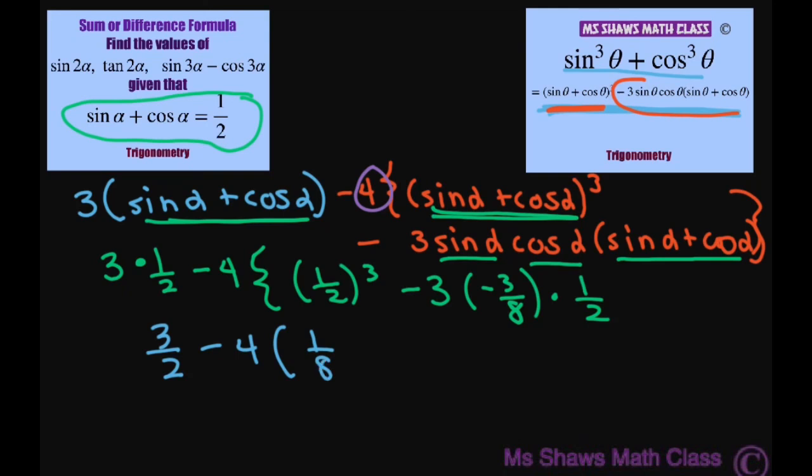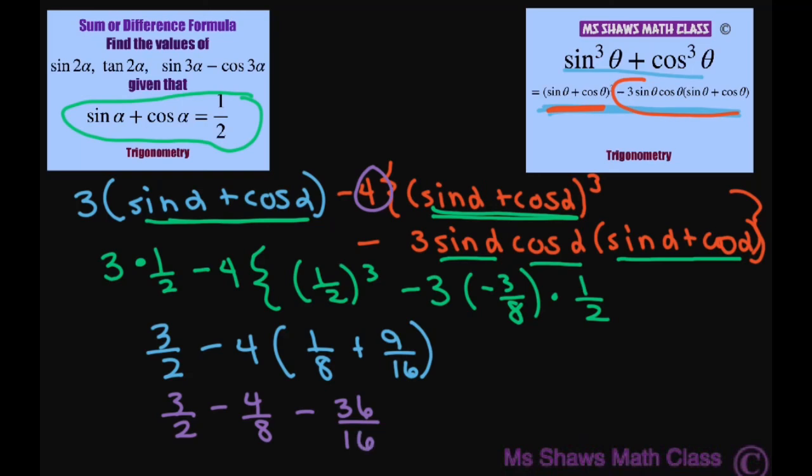And this is going to be plus, let's see, 9/16. All right. So that's going to be 3/2 minus 4/8 minus 36/16.